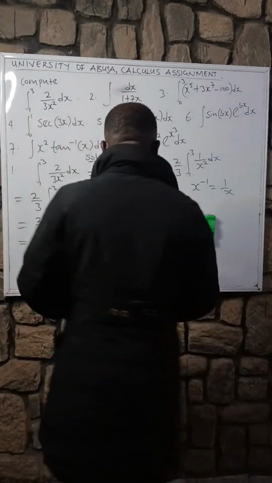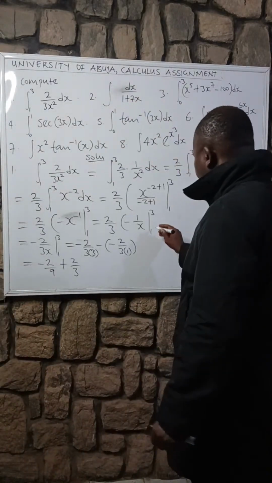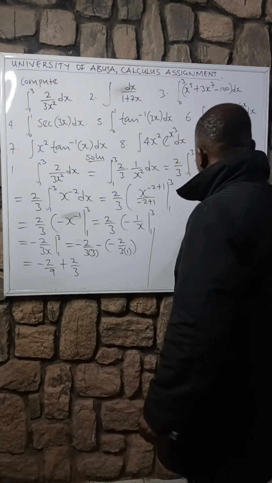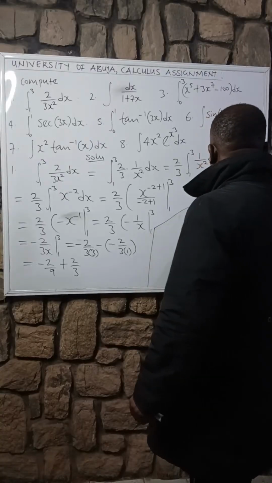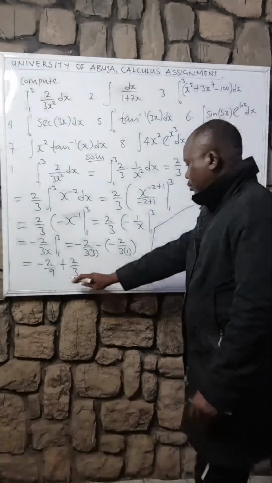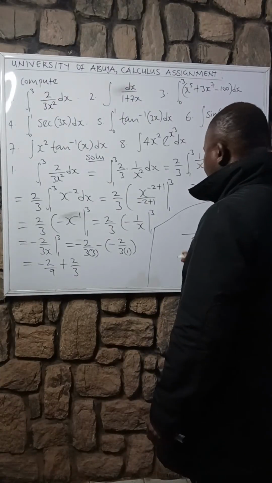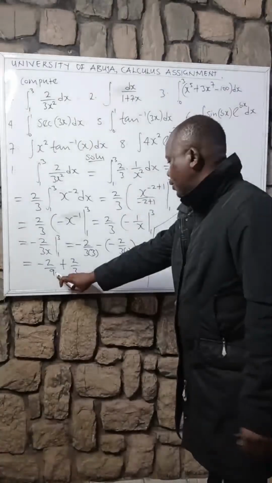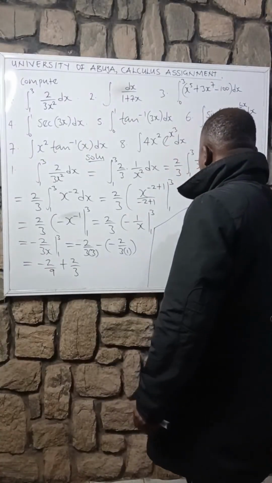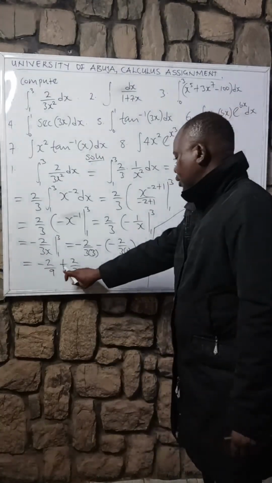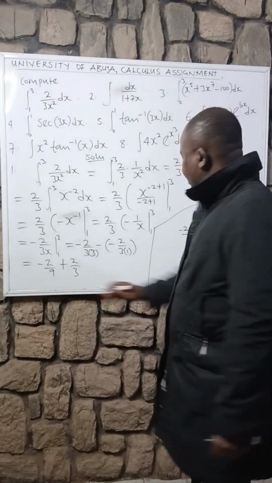So the LCM here is going to be 9, two of us. So 9 to 9, 1 times minus 2. What do we have here? Plus, right?